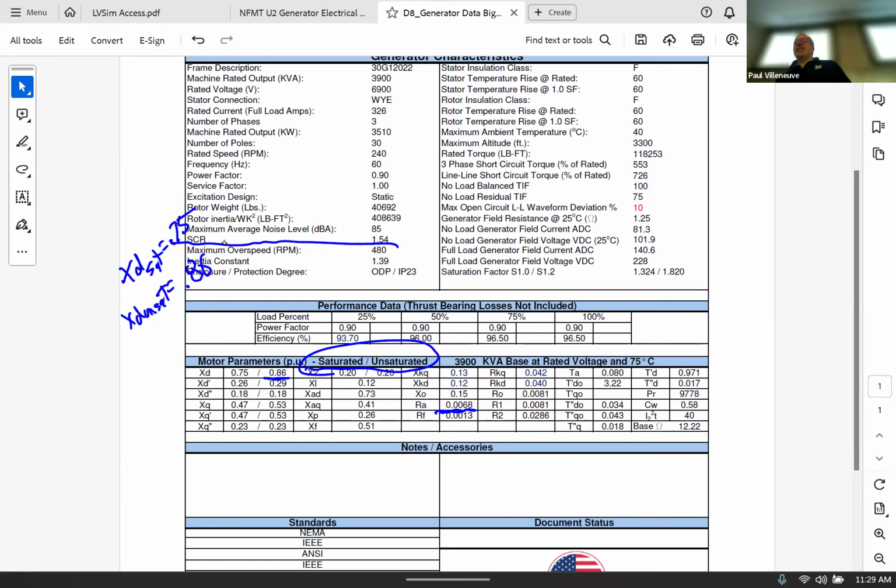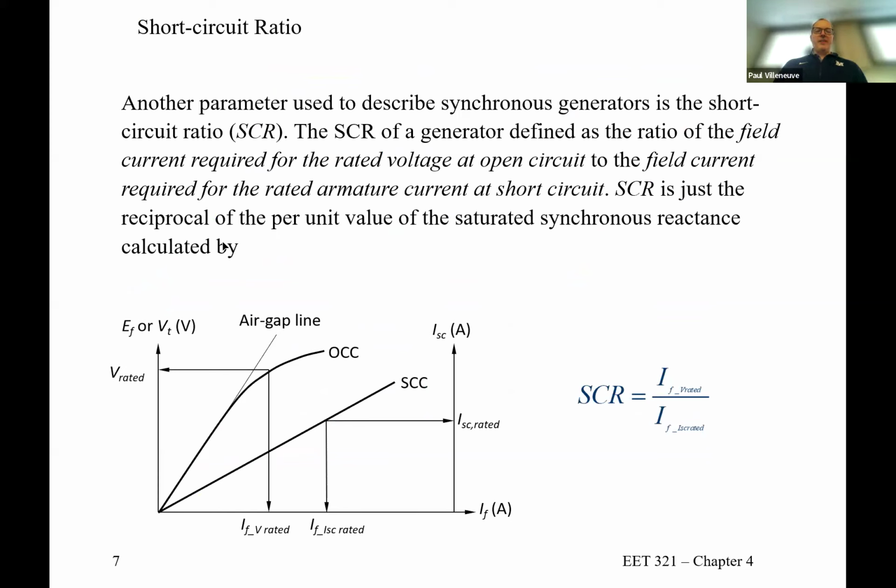So they do actually calculate what the short circuit ratio is. It's not usually a very useful parameter. It just gives you a ratio of calculating what the rated current is for voltage divided by the rated excitation current. So this is DC. This is just based on the DC value. So you can see that those are there.